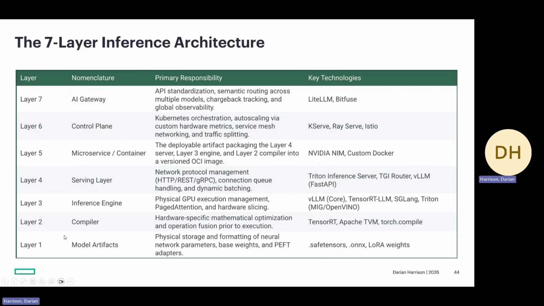Then layer 2 is a compiler that takes that model and compiles it into an execution graph. If you're familiar with Torch, you're familiar with Torch compile, TensorRT, or Apache TVM.